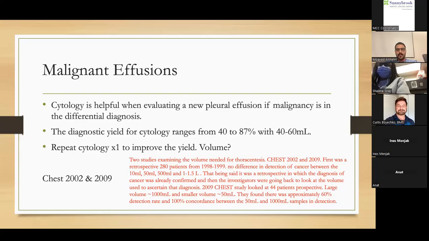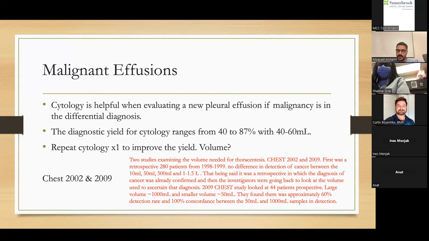So that's why we don't tend to do anything more than two. In terms of the yield in relation to volume, because we usually tend to send so much volume to the lab if we're looking into cytology, there are two observational studies. One is retrospective, in 2002 in Chest, and basically looked at 280 patients from 1998 to 1999. They looked at 10 ml versus 50 versus 500 versus a liter plus, and they didn't find any difference in yield.